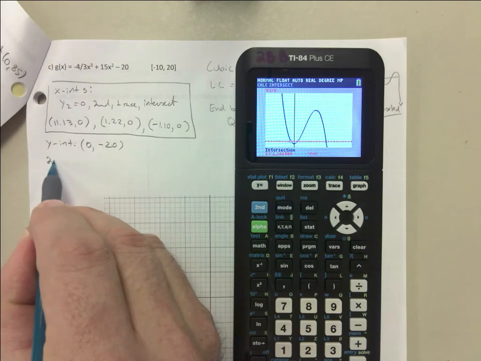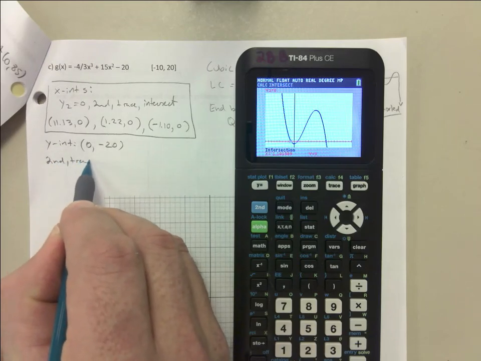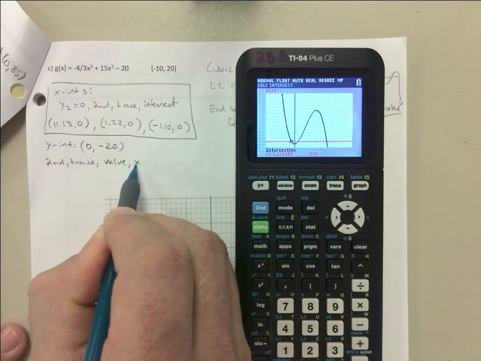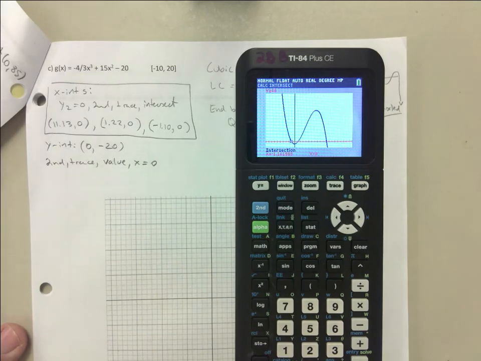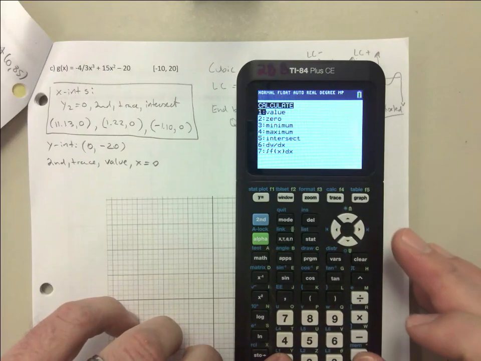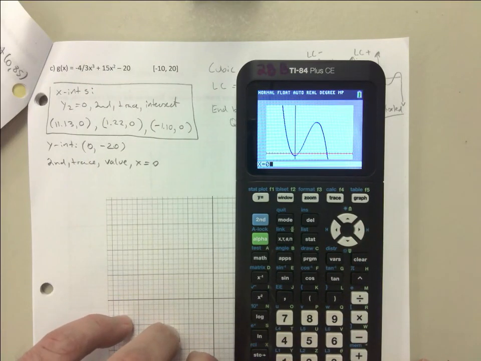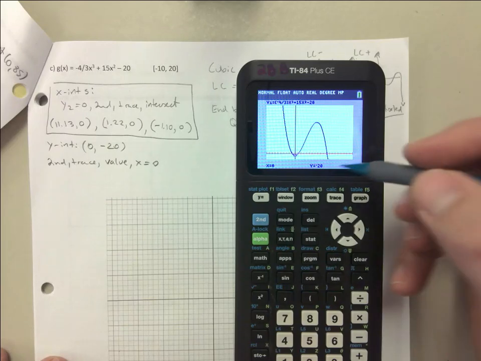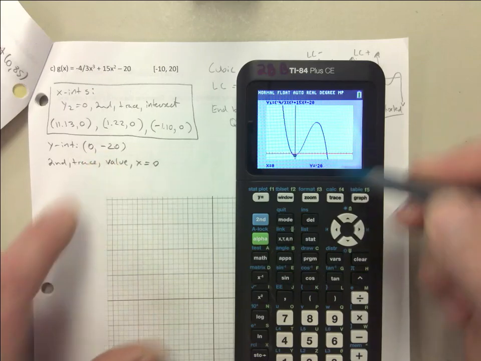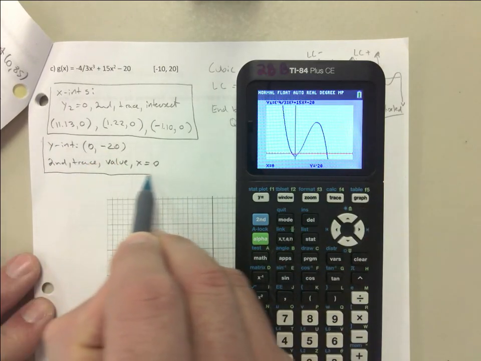You would have to use second, trace, value, and you let x equal to 0. Okay, so second, trace, value, x is equal to 0, hit enter, and there it is. It's 0, negative 20 after all. So we knew that already. That is important to us as well.